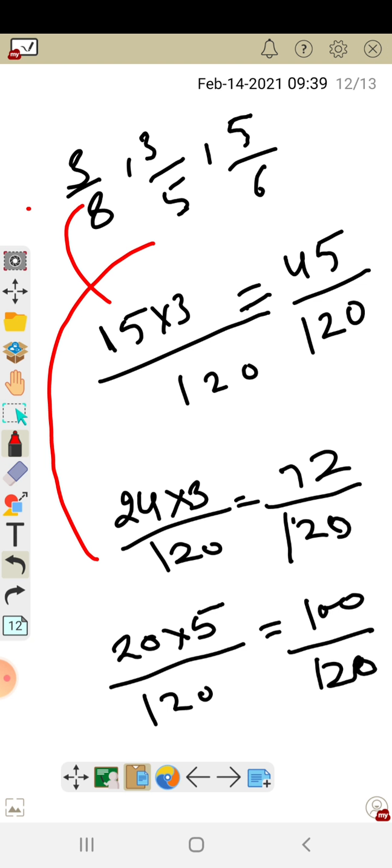So by LCM we make equivalent fractions of the given fractions: 45 upon 120, 72 upon 120, 100 upon 120. You can see that when we make equivalent fractions, the denominators of all three are equal.